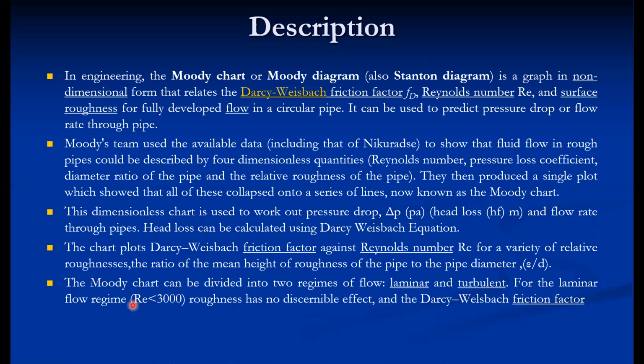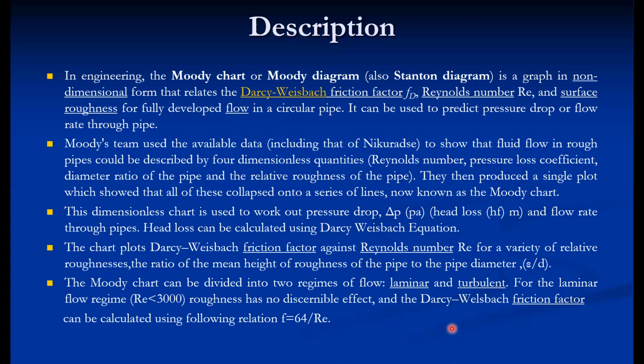For laminar flow, Reynolds number is less than 3000. The roughness has no discernible effect there, and the Darcy-Weisbach coefficient can be calculated using the value of f equal to 64 by Re for laminar flow.